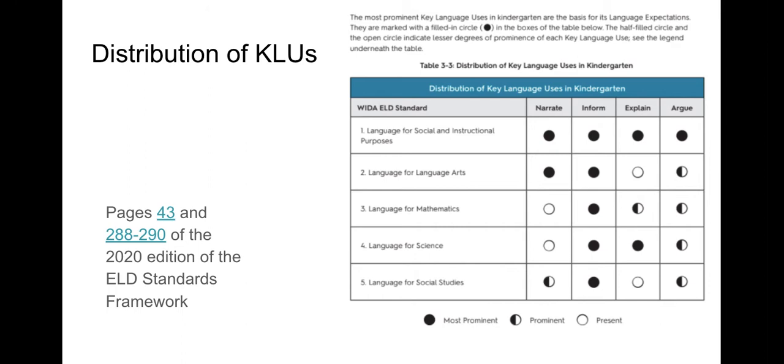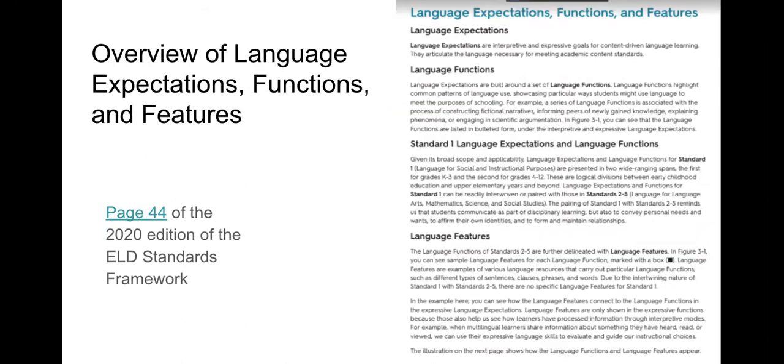The next part of that grade level cluster is a distribution of the key language uses. Where do they show up in the different WIDA ELD standards, and how prominent are they? Then for each grade level cluster, there is an overview of language expectations, functions, and features, which is a nice way to remind yourself what each one of those words means when you see them in tables and graphs.